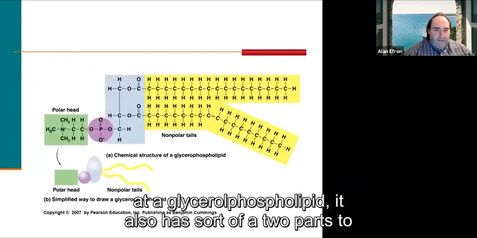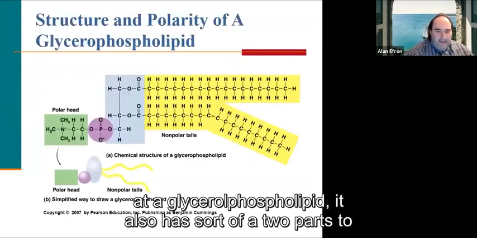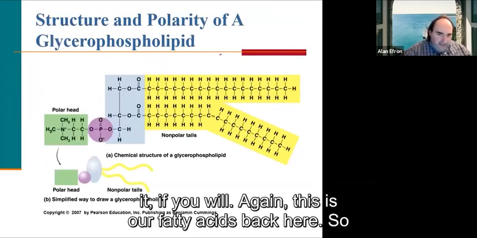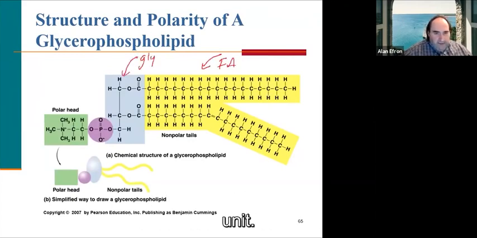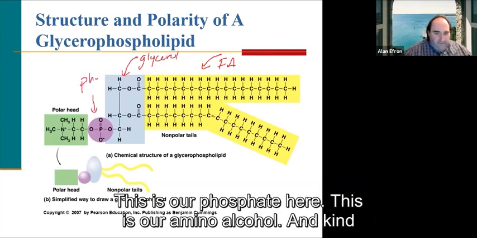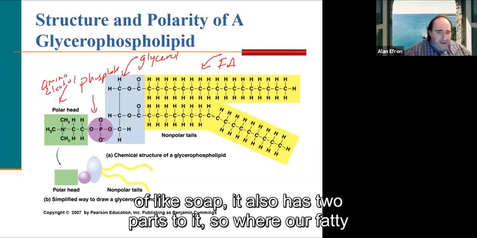So when we look at a glycerol phospholipid, it also has 2 parts to it, if you will. This is our fatty acid chain back here. This is our glycerol unit. This is our phosphate here. This is our amino alcohol. And like soap, it also has 2 parts.